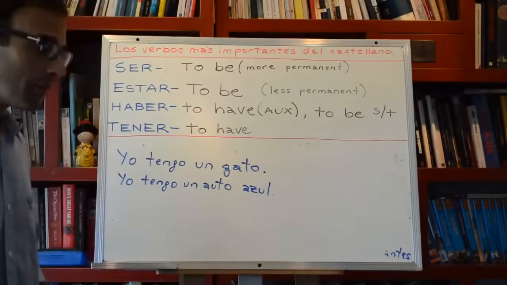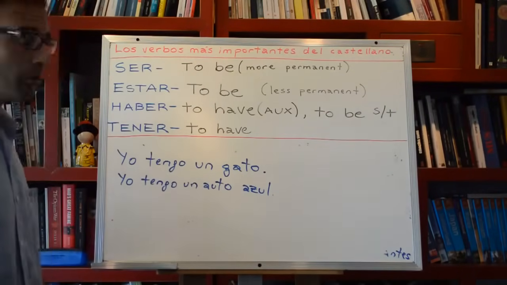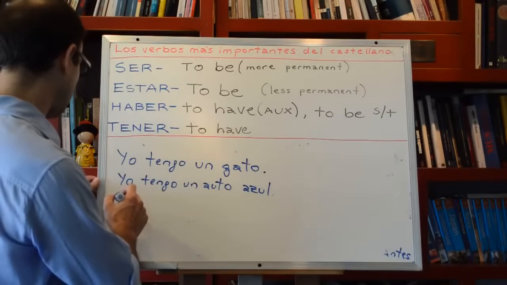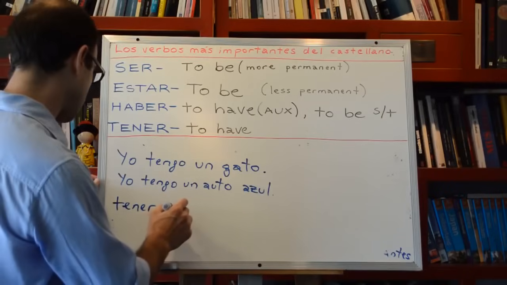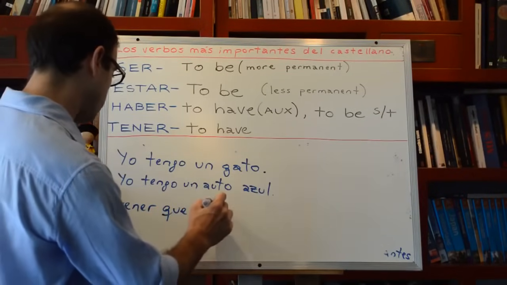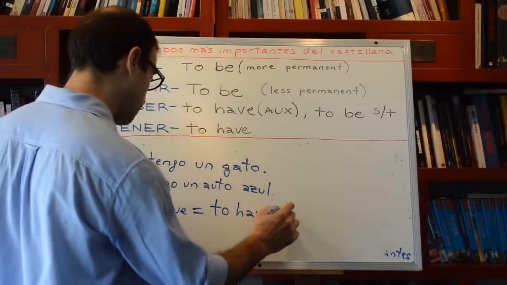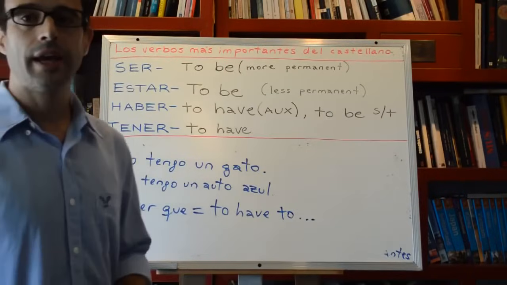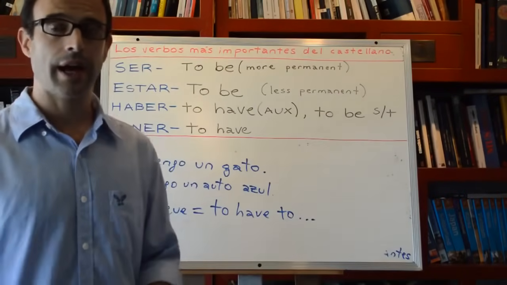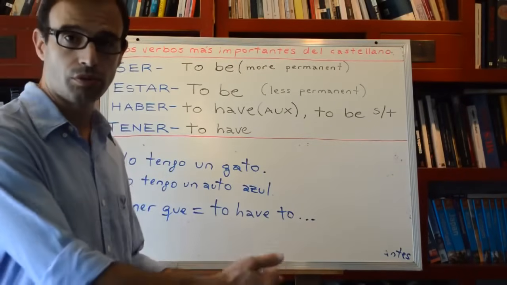Also, for the verb to have to, we would say tener que. Tener que means to have to whatever. For example, I have to go to the bank. So to have to, I mean to must do something.